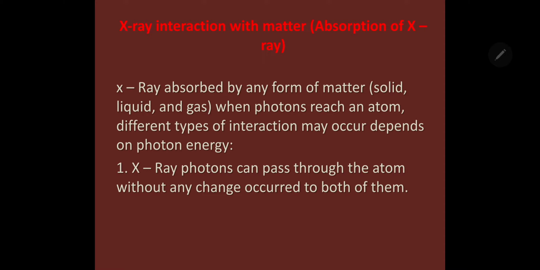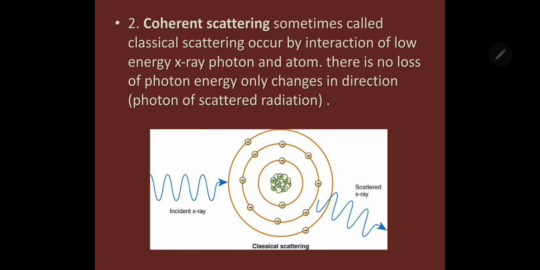Number one, the X-ray photon can pass through the atom without any change occurring to either of them. Number two, coherent scattering, sometimes called classical scattering.